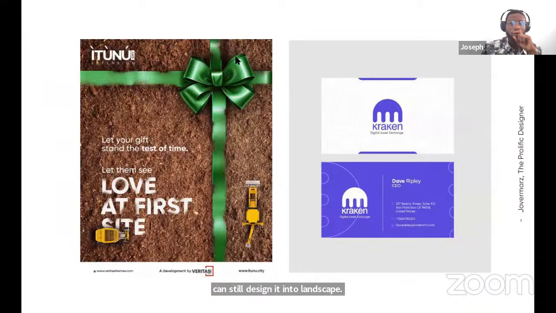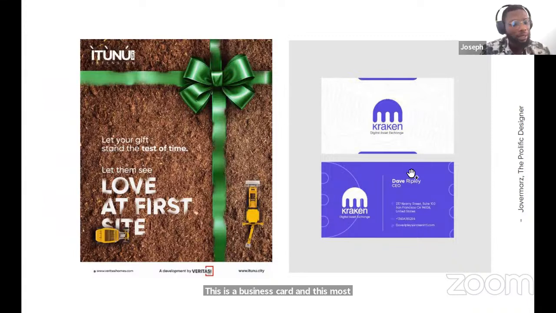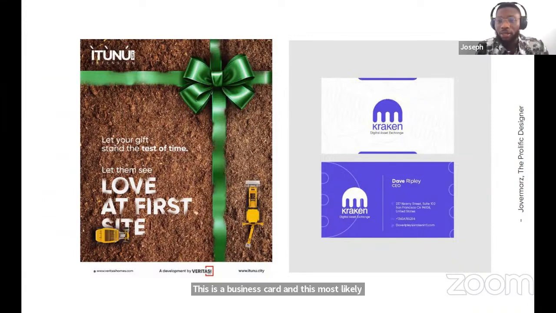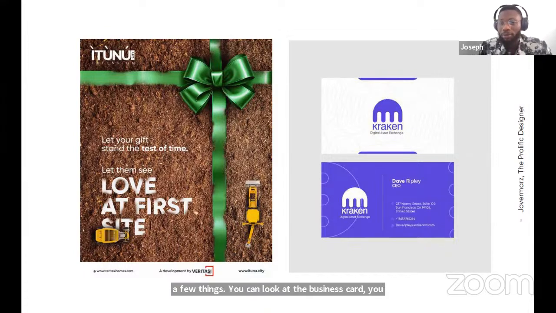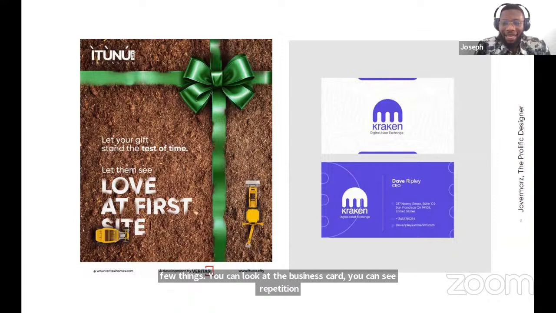So our next two images now. You can see this is a business card, and this most likely is majorly text-based. I'm sure we've seen a few things. You can look at the business card, you can see repetition. You can see alignment.